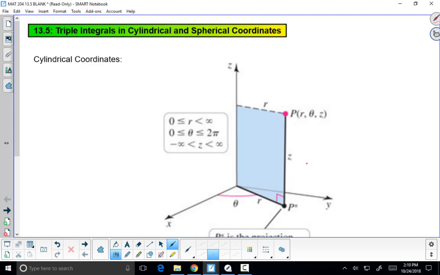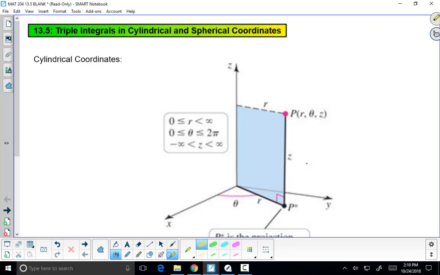Triple integrals and cylindricals. So cylindrical is probably going to feel a lot easier than spherical, because cylindrical is just polar with a z. So we do the r comma theta down in the xy plane, and then we go straight up to the surface. So we have an r comma theta comma z.